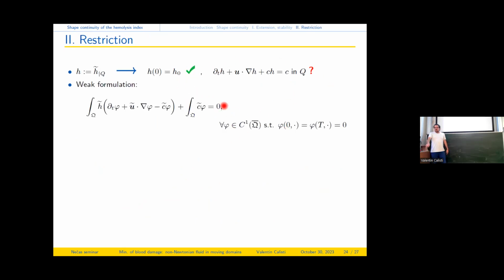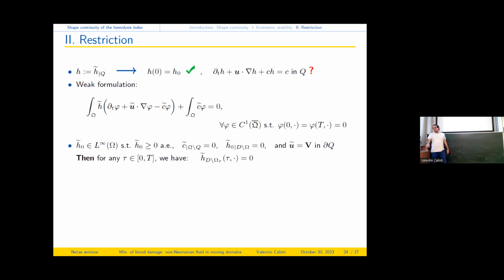If I write the weak formulation, I have this for H tilde, which is defined in the entire cylinder, holding for all functions defined on the entire cylinder. I would like to show that it is still holding for the subdomain Q, the moving domain. We use this classical property: if you have a field which is positive almost everywhere, here we need a 0 source term outside of the moving domain.